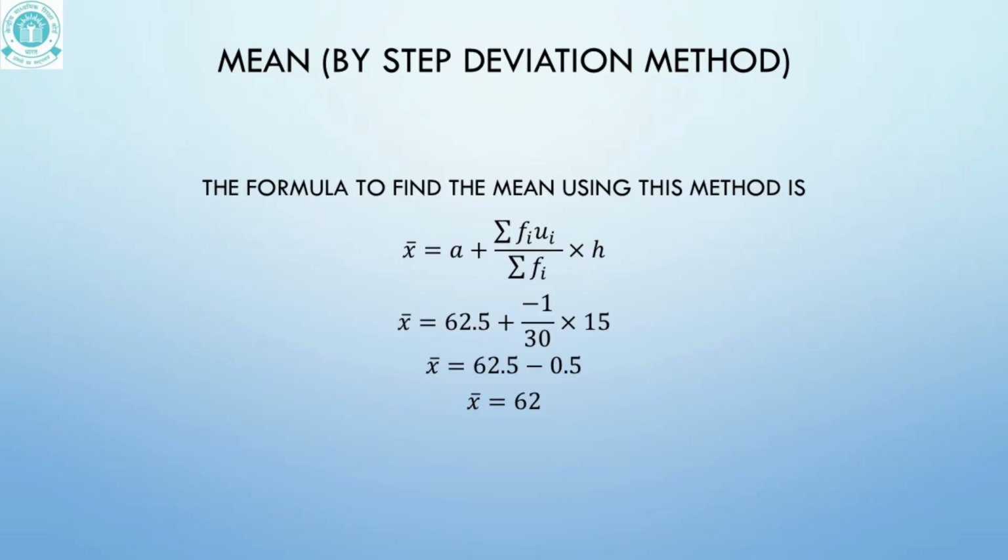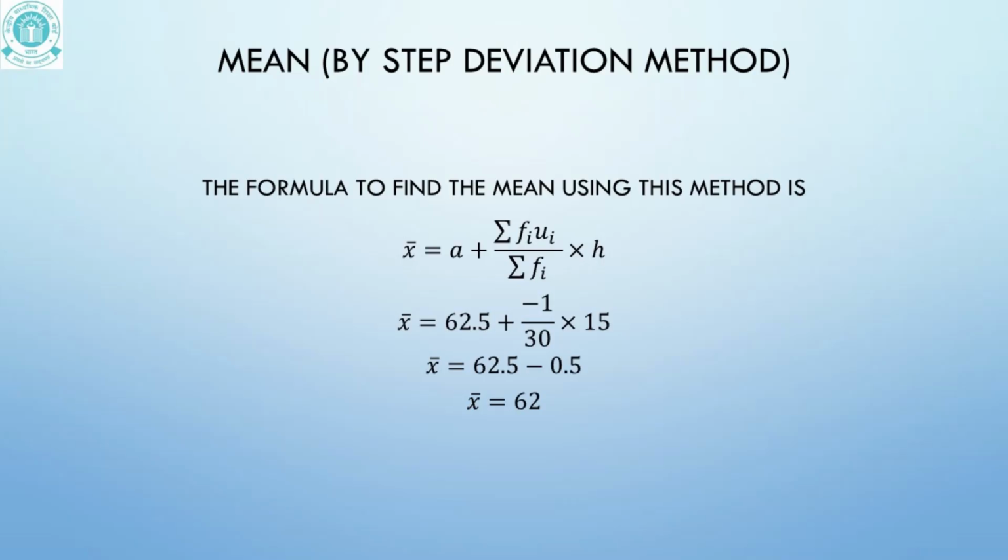The formula to find the mean using this method is x bar equals A plus summation fi ui divided by summation fi, multiplied by h, which gives x bar equals 62.5 plus minus 1 divided by 30 multiplied by 15.